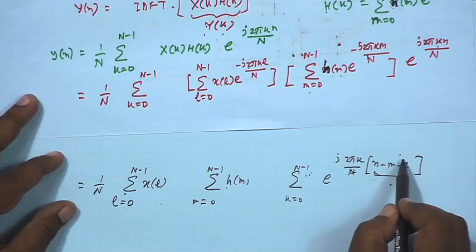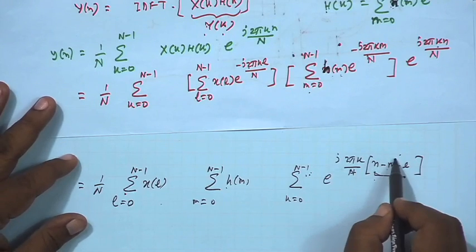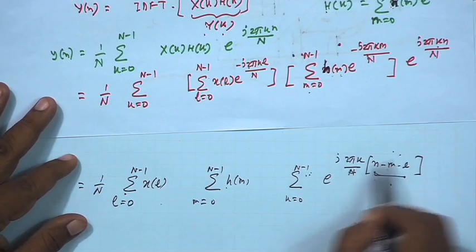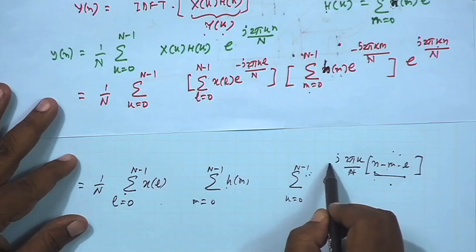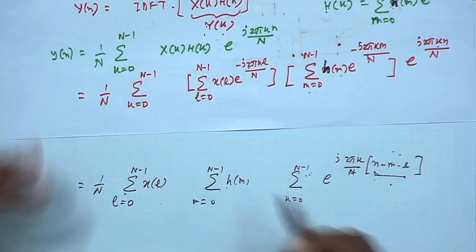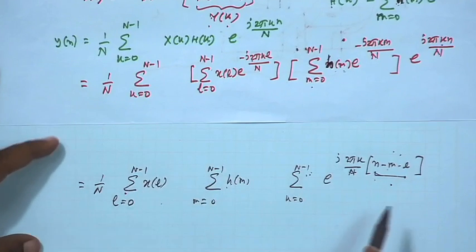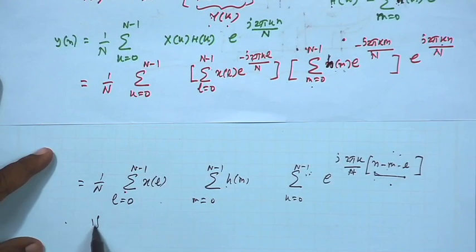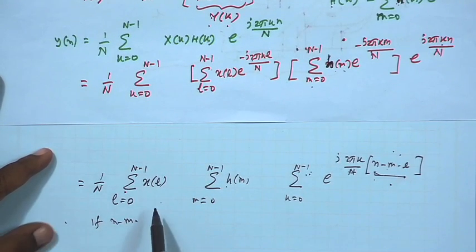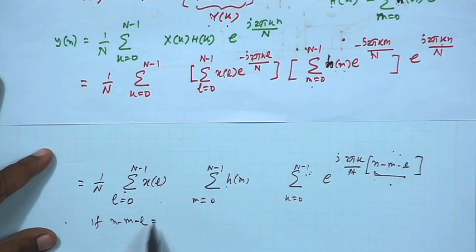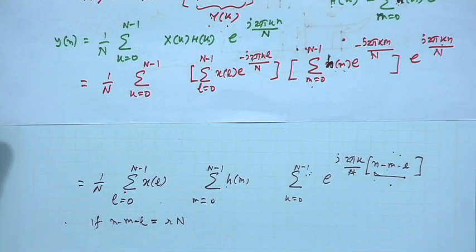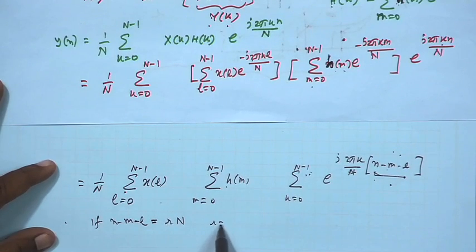If this is minus capital N, even then there is no problem. Minus capital N means n cancels, so it becomes e to the power minus j 2 pi k, which is again 1. Same thing. So, when n minus m minus L is some r times capital N, where r can be 0, plus minus 1, plus minus 2, and so on.